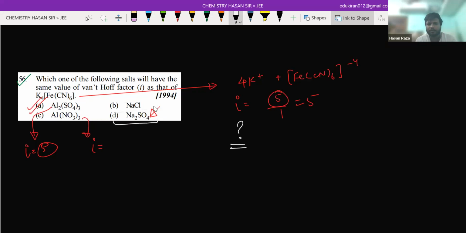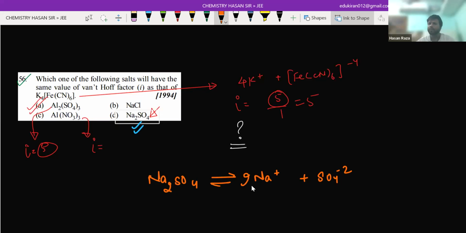Any answer, Shahid, for this Na2SO4, for D? For D, i is equal to 3. That's good. Now I'm going to explain. Shahid, this is your Na2SO4. If you dissociate this, there will be Na plus and SO4 minus. Now, to balance it, you multiply by 2. Now, i is equal to the number of particles after dissociation or association. Here it is dissociation.